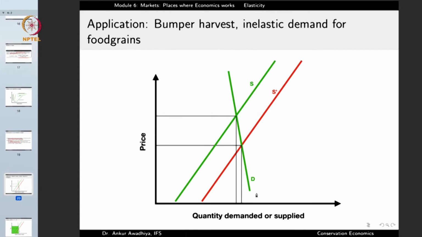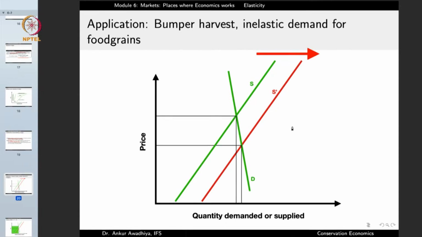So it is looking like the letter I. So the food grains have an inelastic demand. Now earlier the supply curve was this, and now, because of, say, a change in technology or shift to high yielding varieties, the new supply curve is the red one. So, we are seeing that there is a shift to the right in the case of the supply curves.